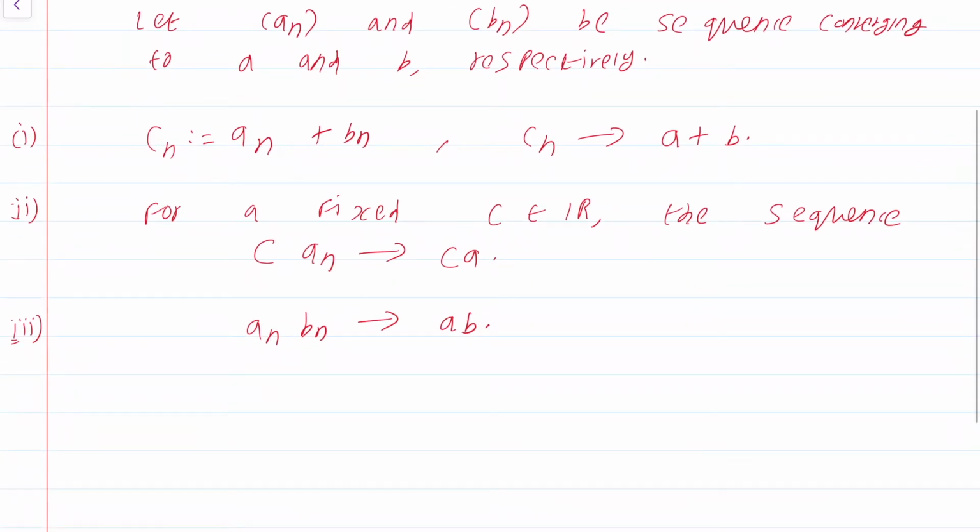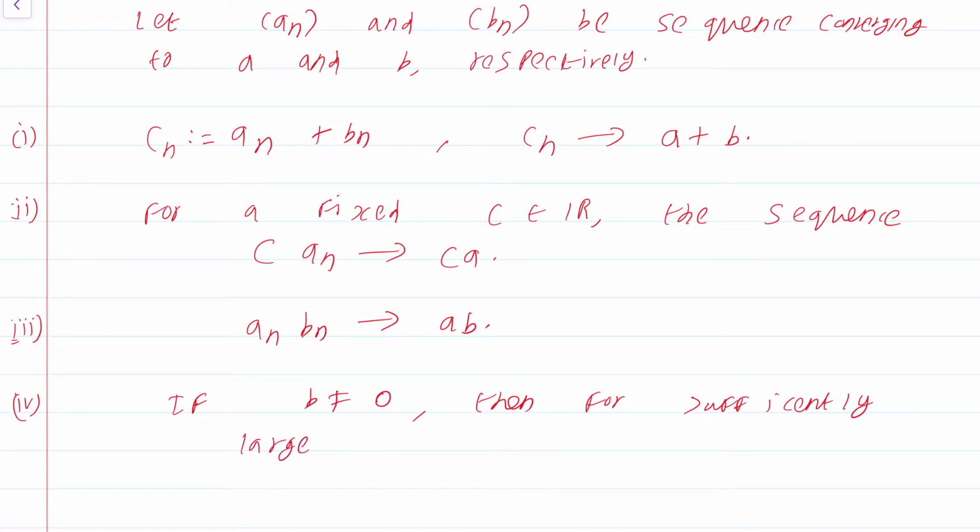Fourth point, if b is not 0, then for sufficiently large n, bn is not 0 and the sequence an by bn converges to a by b.